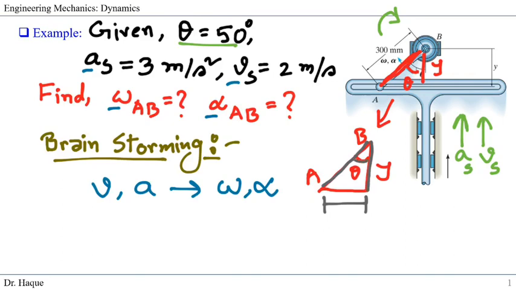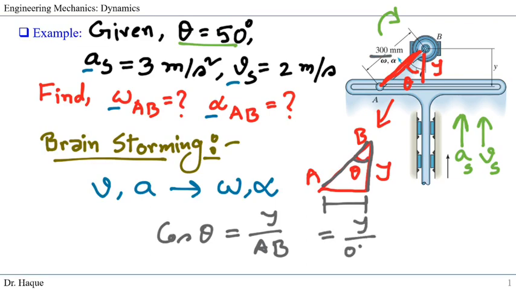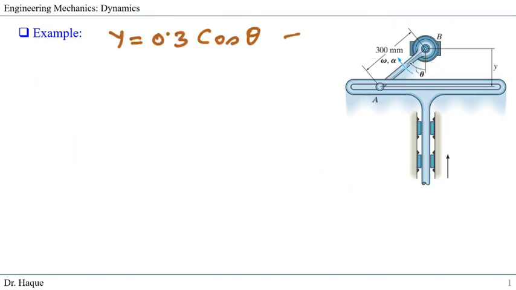How? The definition of cos theta would be the ratio of y over the length AB, which is given here as 300 millimeter. We can convert it into 0.3 meter. So now if we rewrite this equation, we will get this equation.